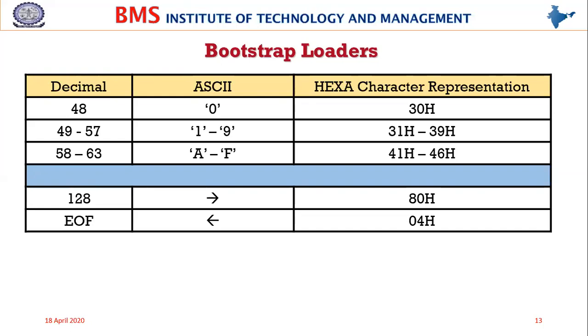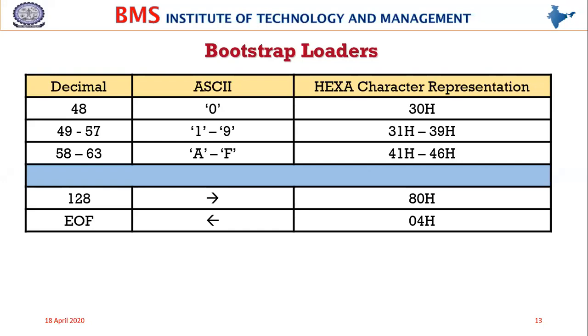And 49 to 57 decimal represents the characters 1 through 9, because our SIC program is made up of either the digits 1 to 9 or A to F. That's the only thing we're going to see in our object code, so we need to represent 1 to 9 as well as A to F. So 49 to 57 decimal is represented as 31 to 39H.